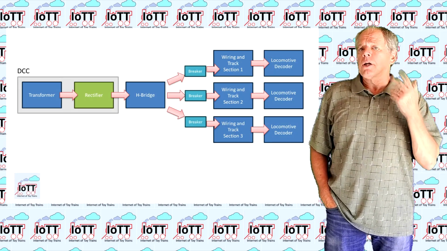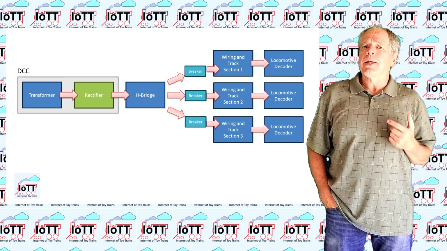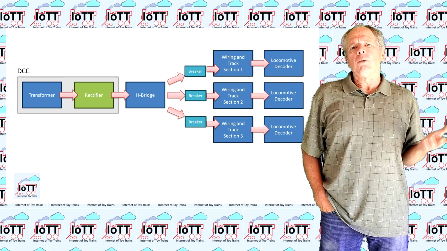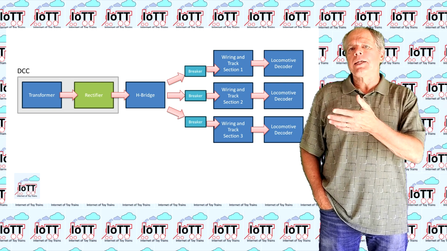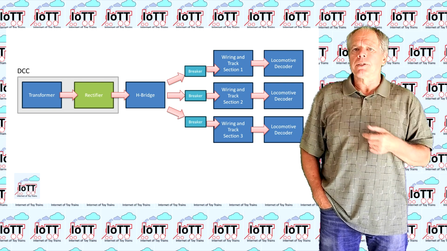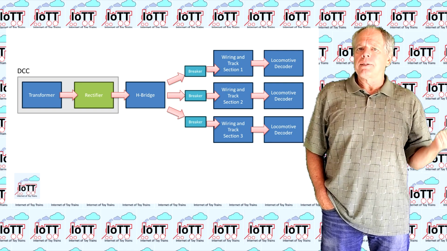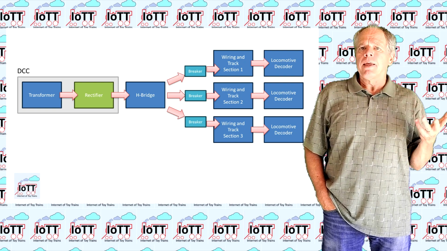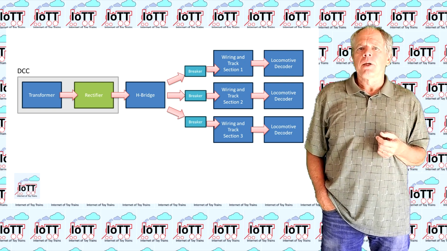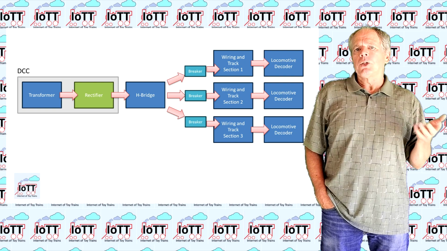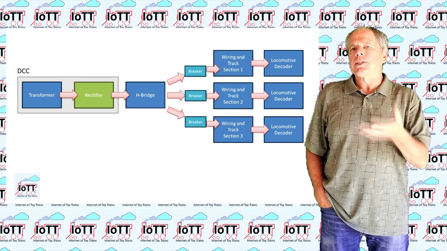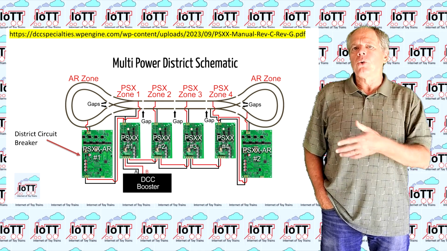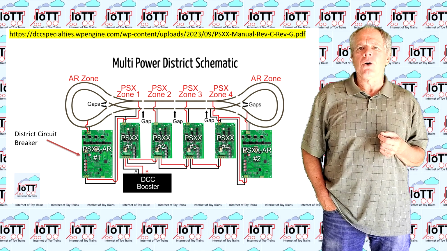One topic I have not covered in this video is circuit breakers downstream from the command station or booster. It is quite common to split the output from a command station to supply several block sections. If they remain unprotected, a short circuit in one block section will shut down all of them together as the track output is shut. To avoid that, it is possible to add individual breakers in each section feeder so that the section can shut down without taking out all the other sections while the booster remains on.